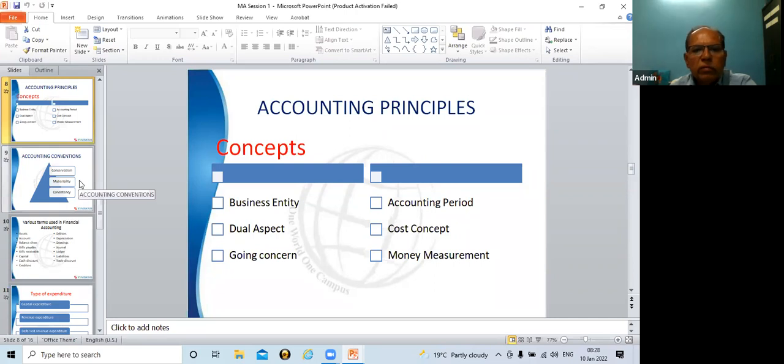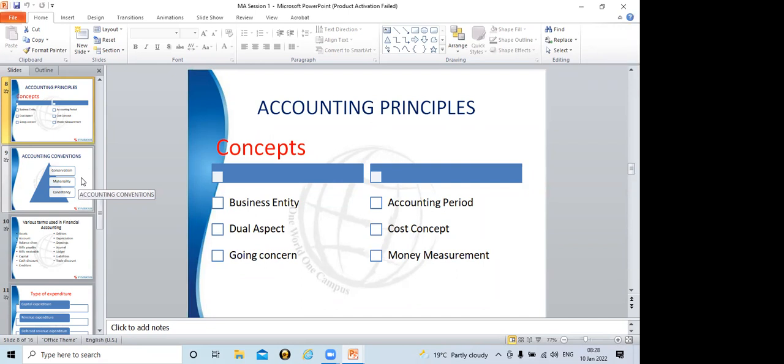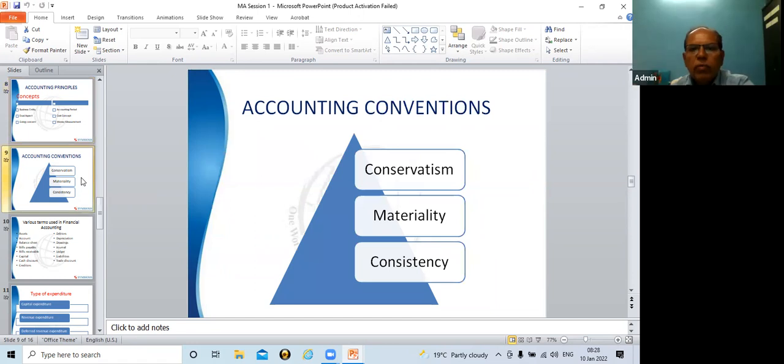Then these particulars, shall I go ahead? Shall I go to the next slide now? Yes, sir. This is about accounting conventions. Let me add one thing over here. I am just putting the heading of conventions, because if I go on typing this entire thing, then this screen will not be sufficient.